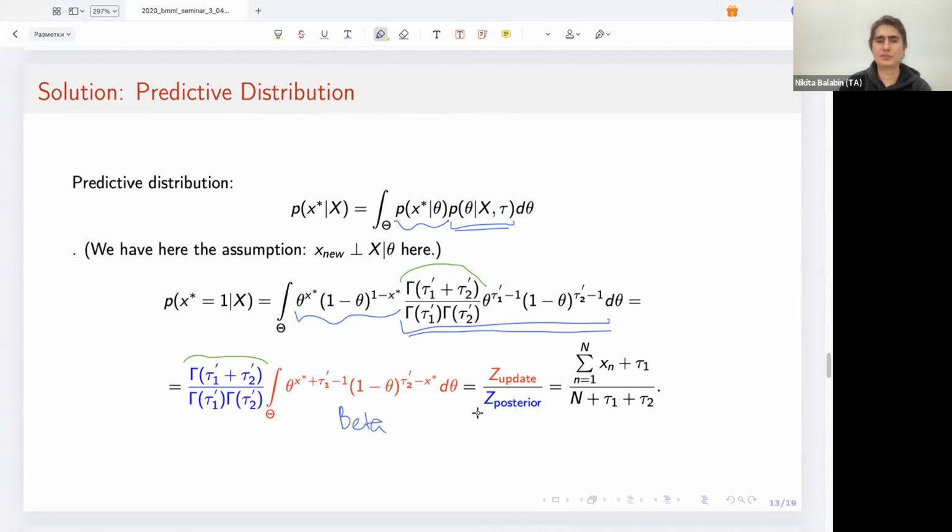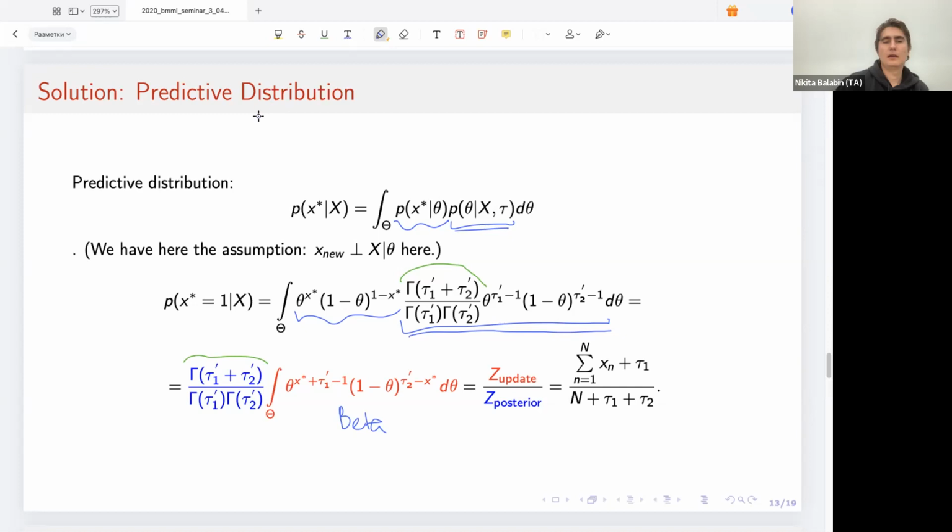The integral is just the normalization constant. So the interesting property is that the predictive distribution is just the ratio of normalizing constants.